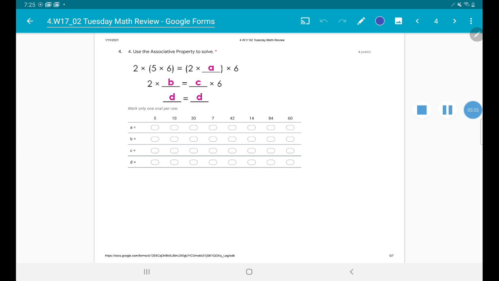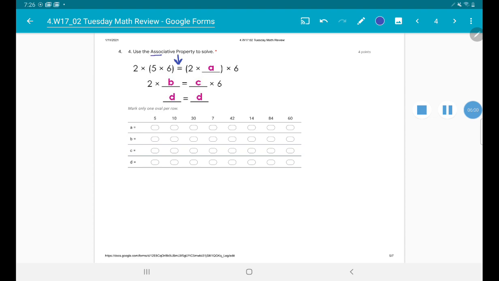Okay. Next, we're using the associative property to solve. This equal sign right here tells me that I have to have the same amount on both sides. So 2 times 5 times 6 is equal to or the same as 2 times A times 6. I'm looking to see what's missing.